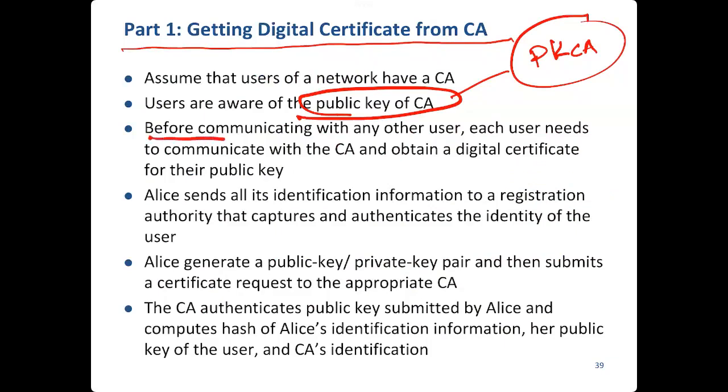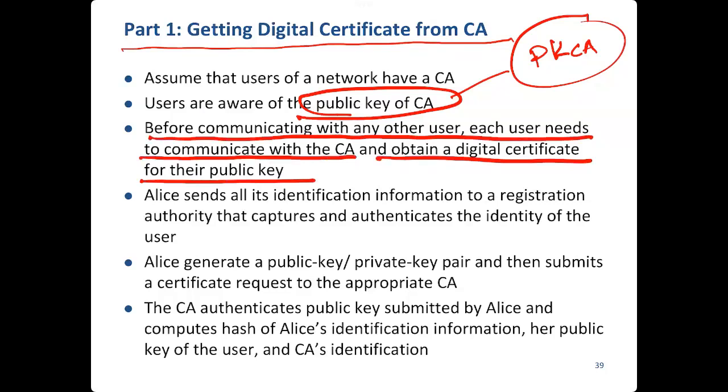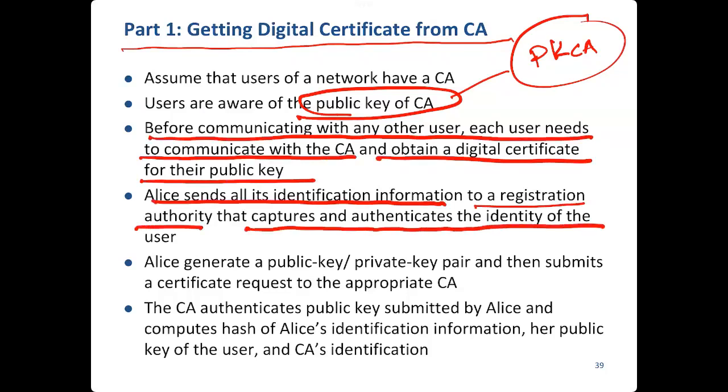Okay. Before communicating with any other user, each user needs to communicate with the CA and obtain a digital certificate of their public key. Alice sends all identification information about her to the registration authority, which captures and authenticates the identity of the user. So Alice has to prove her identity to the CA, and then Alice generates a private key and public key, and then submits a certificate request to the CA.